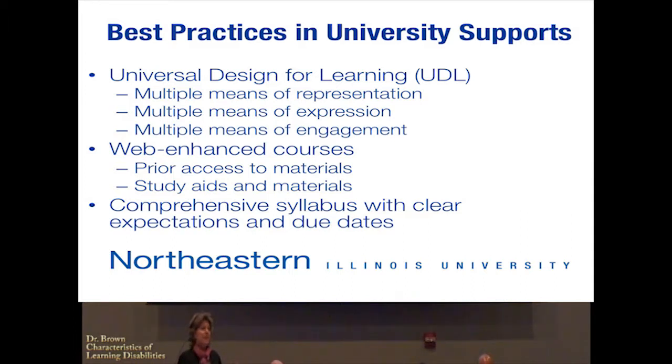Something that we're seeing in K-12 systems is that we're asking teachers and instructors to think differently about their instructional design and look for ways to support all students who might be in their classrooms.